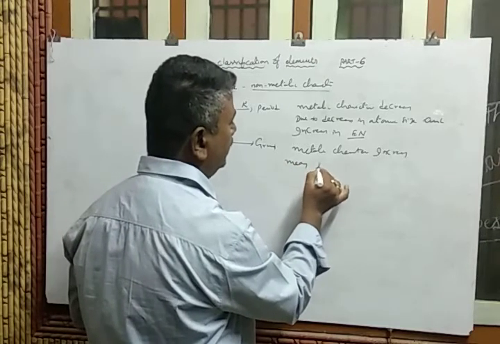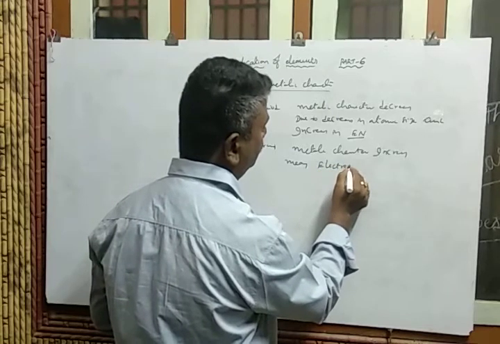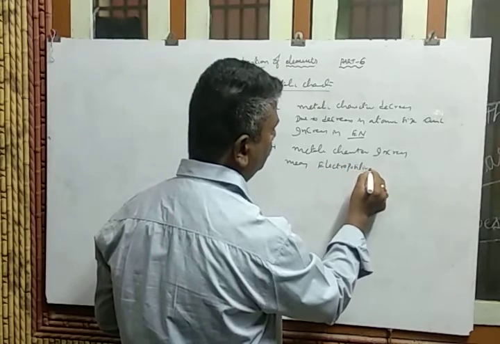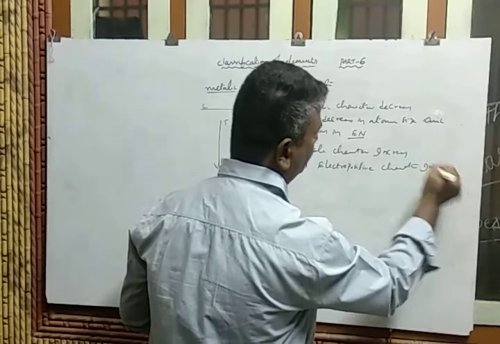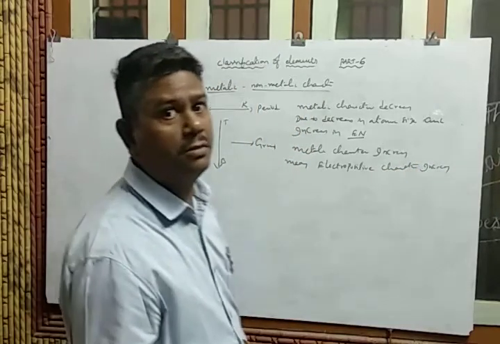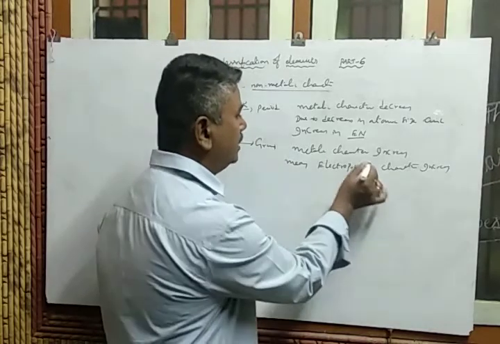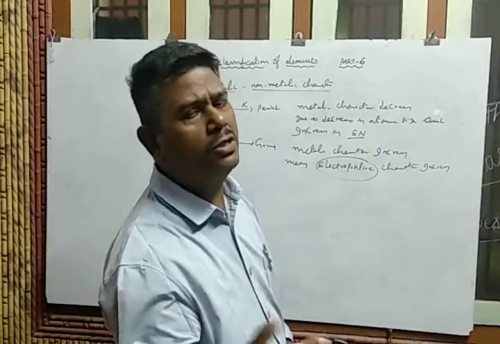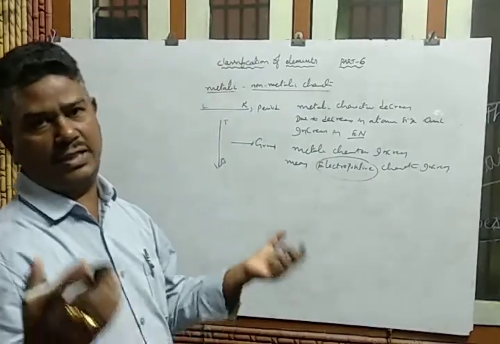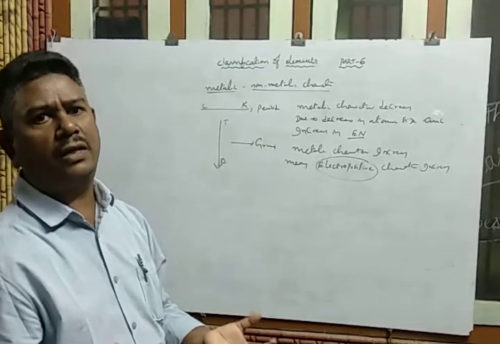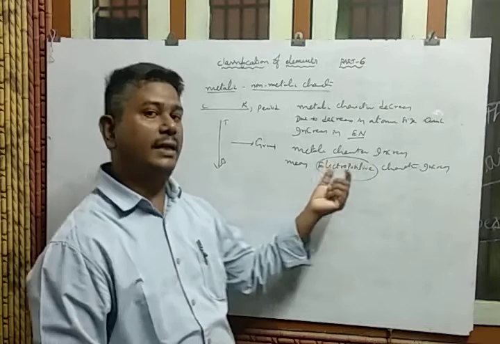That means electropositive character increases. Electropositive character means the elements which lose electrons easily, that nature is called electropositive. Which elements lose electrons easily? Those which have more atomic size. That means the nuclear force of attraction decreases. Whenever the nuclear force of attraction decreases, they easily lose the electron and acquire a positive charge. So that's why the metallic character increases.